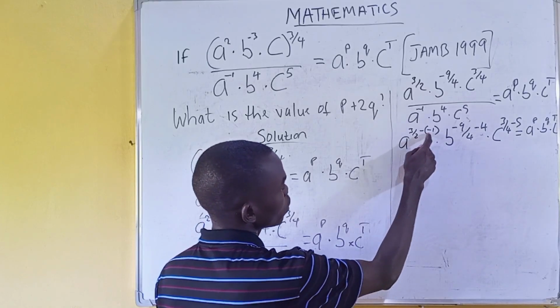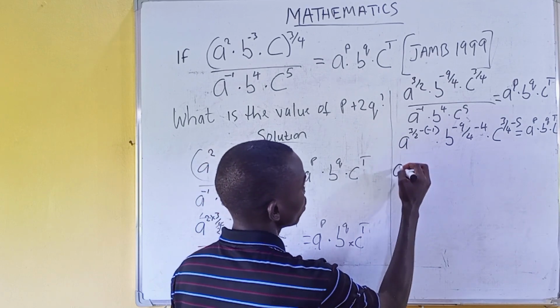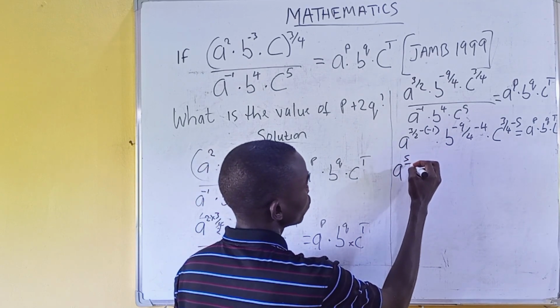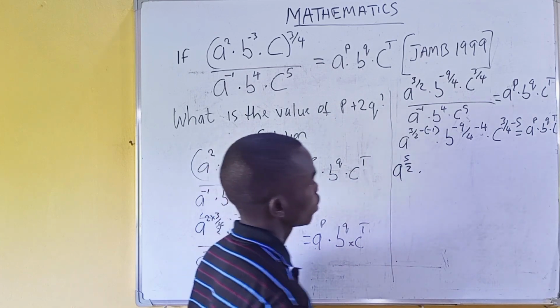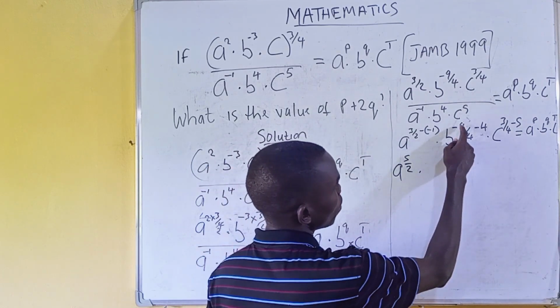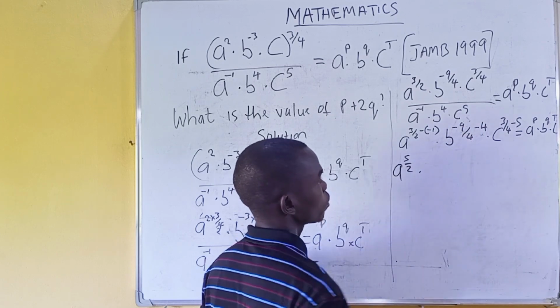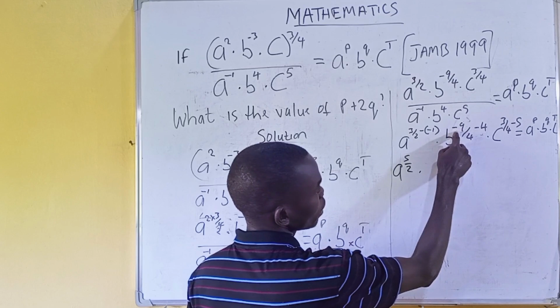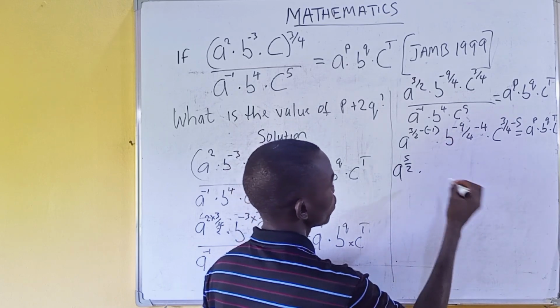From here now, you know that minus times minus will become plus. So it will now be 2 times 1 plus 3, which is 5. A will now be 5/2. So times, for here we have b^(-9/4 minus 4). 4 times minus 4 will give you minus 16. Minus 9 will give you minus 25.